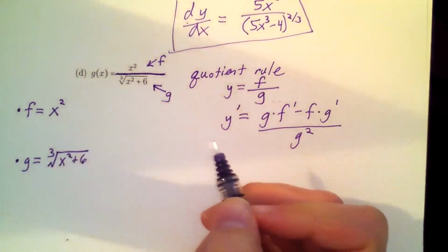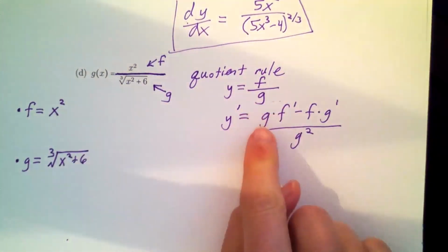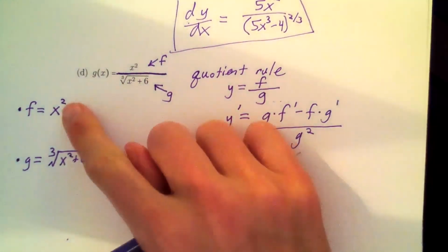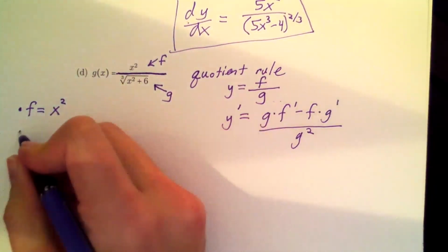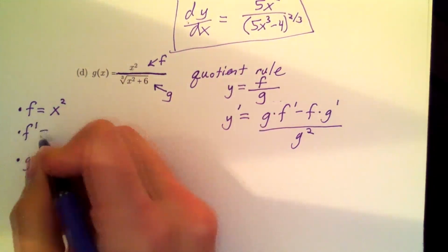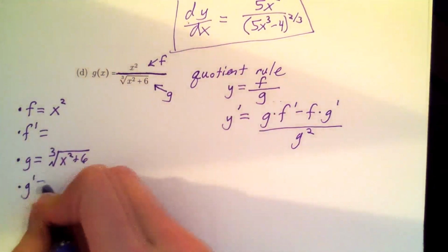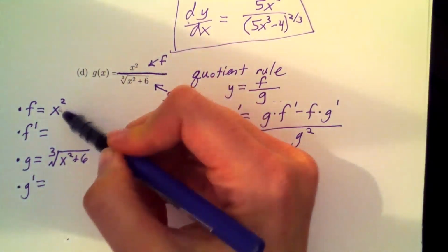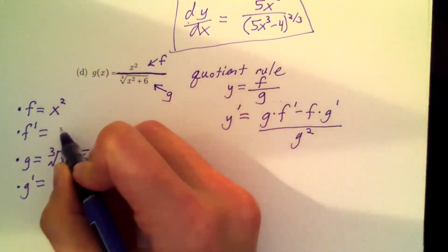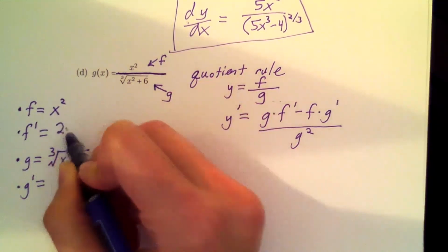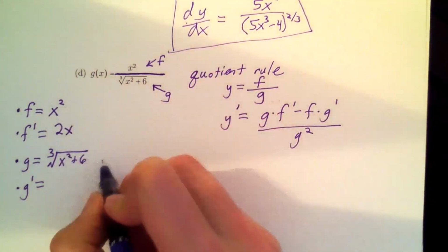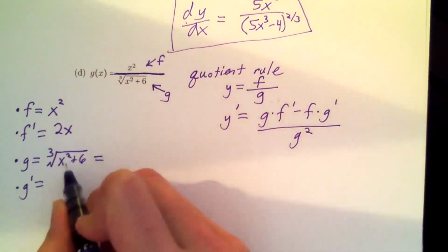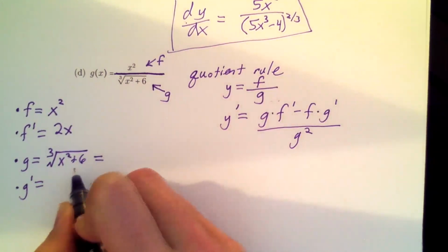Now to finish my list for my quotient rule, I need to know f and g, and I need to know f prime and g prime in order to put them in my formula. So if f is x squared, let's find f prime, the derivative of f. The derivative of x squared is 2x when I use a power rule. But for g, when I look at it, that is the cube root of x squared plus 6.